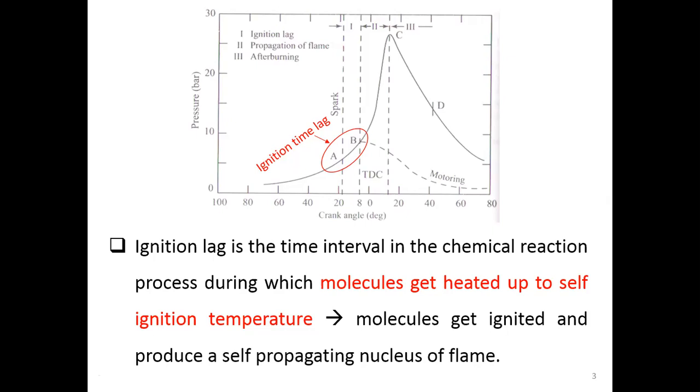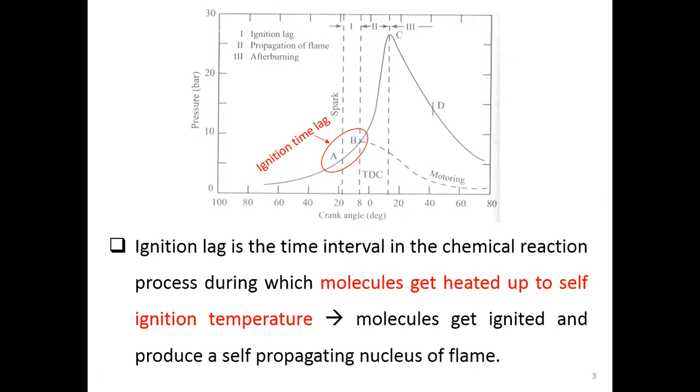There is a chemical reaction process. This chemical reaction process makes the molecules heat up, so the temperature of the fuel inside starts to increase and goes up to self-ignition temperature.